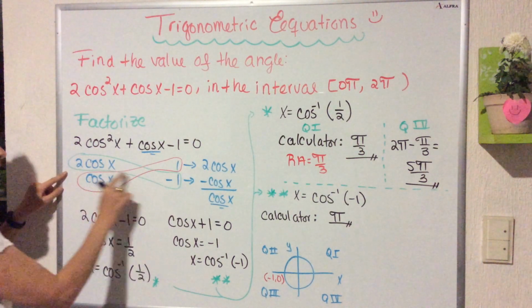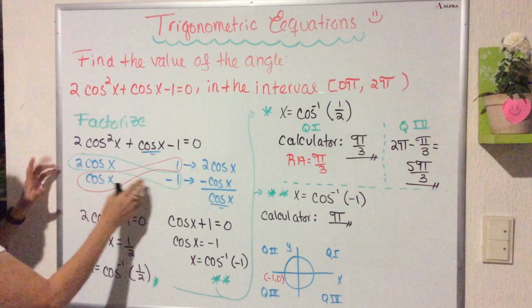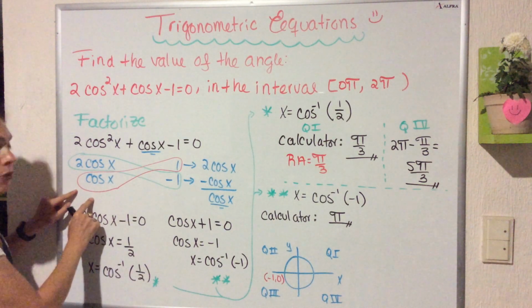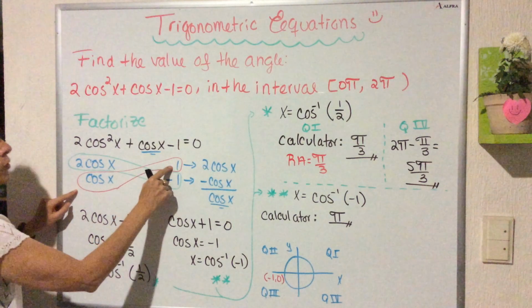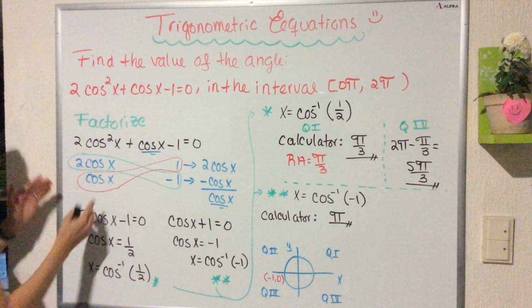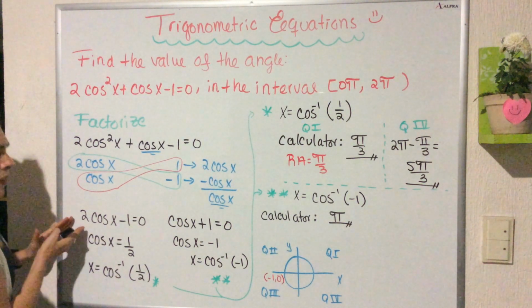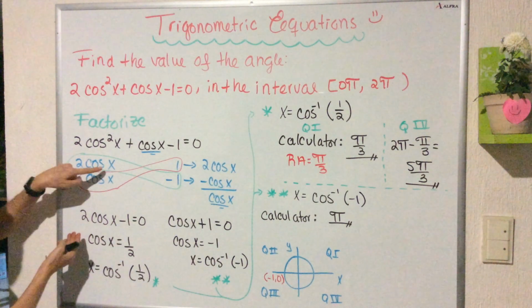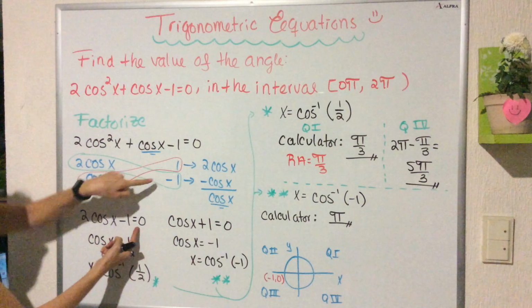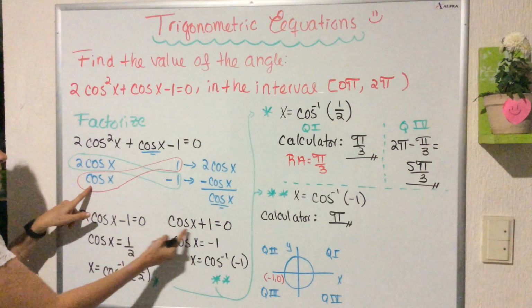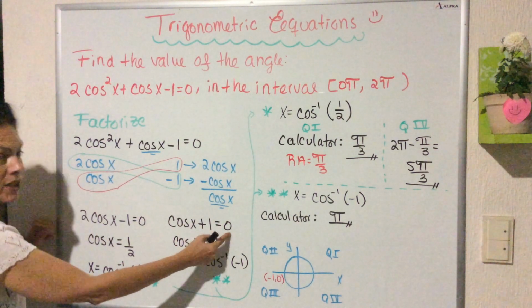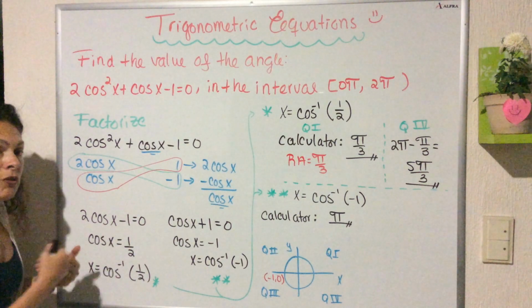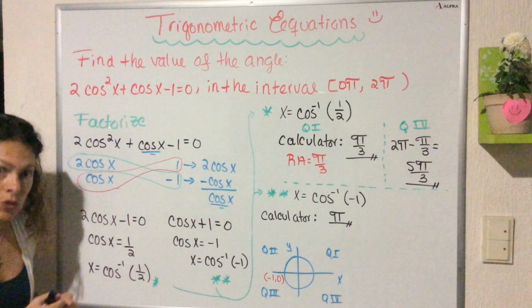So we cross in order to get the factor, and the other factor would be cosine of x plus 1, okay? Then we write down the factors, and we equalize each of them to 0. So we have 2 cosine of x minus 1 equals 0, and the other factor, cosine of x plus 1 equals 0. And then we continue solving for x, as we always do.